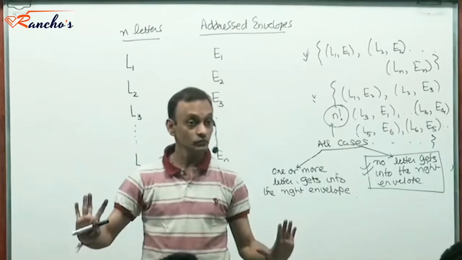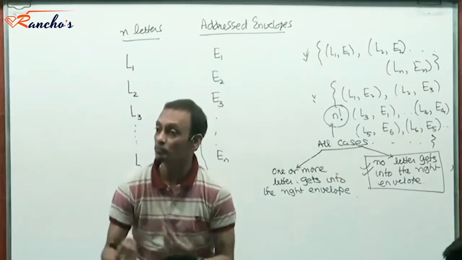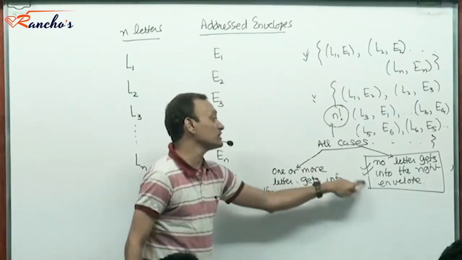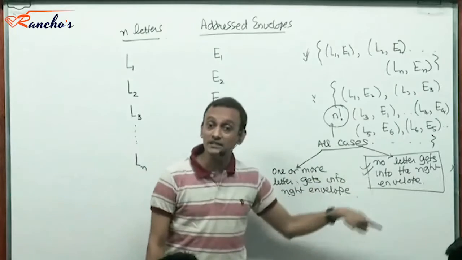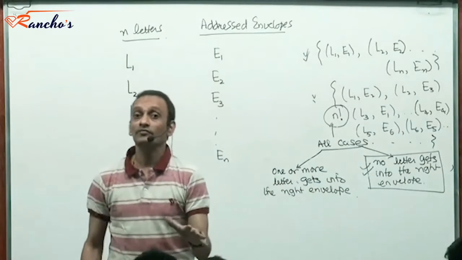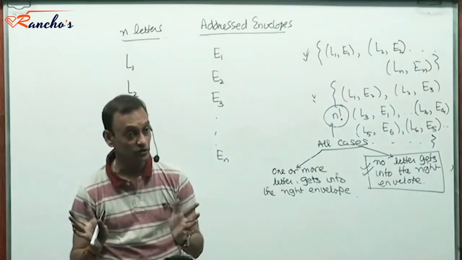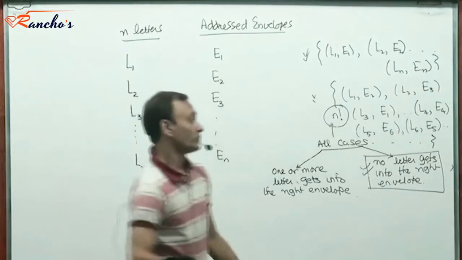Yes or no? That's the blueprint that we will deploy to solve this problem. N factorial we know, and I'll find out the number of ways in which one or more letter gets into the right envelope. That'll give me the number of cases in which no letter gets into the right envelope. Clear?